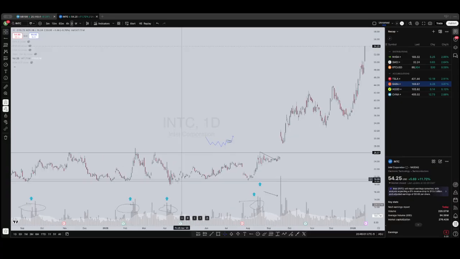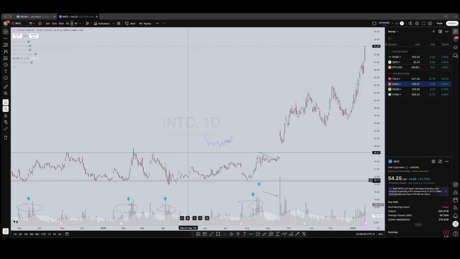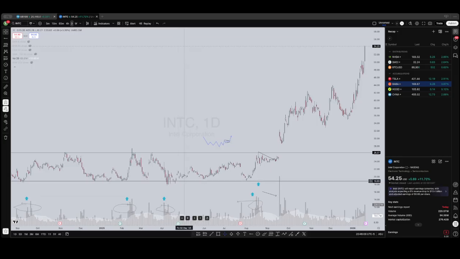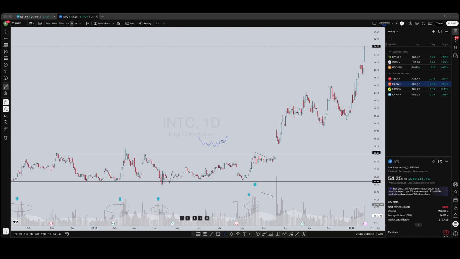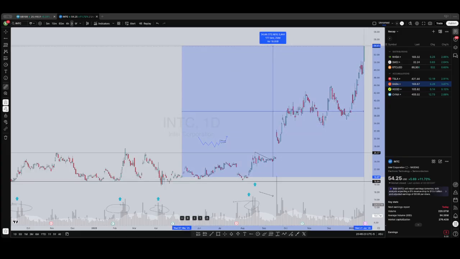I had buys off of right under 20, which is so painful to look back at, man. I was buying it down here on this kind of contraction pattern here. That would have been, man, that would have been a 170% win on commons.